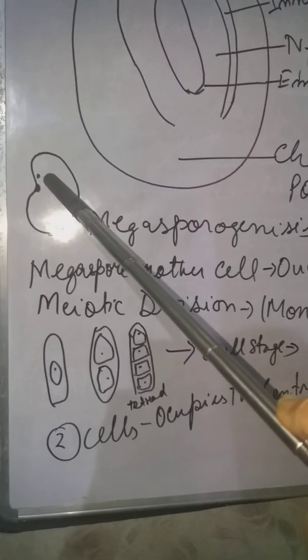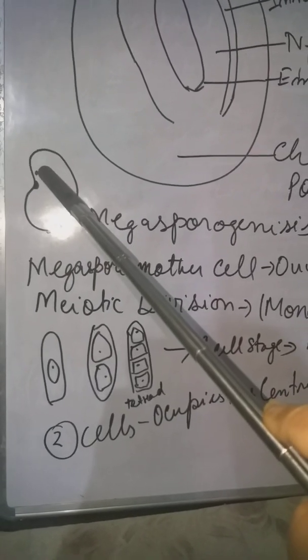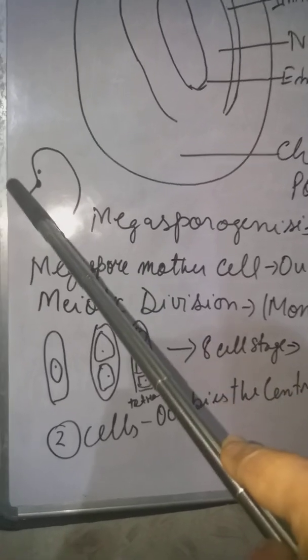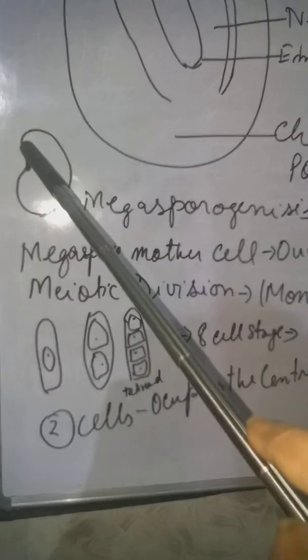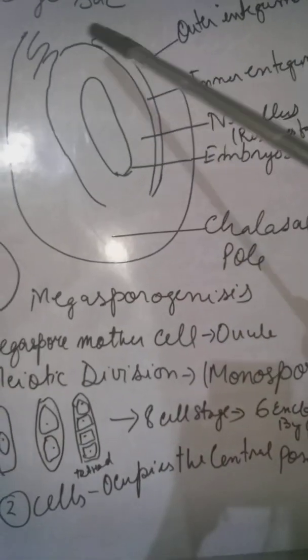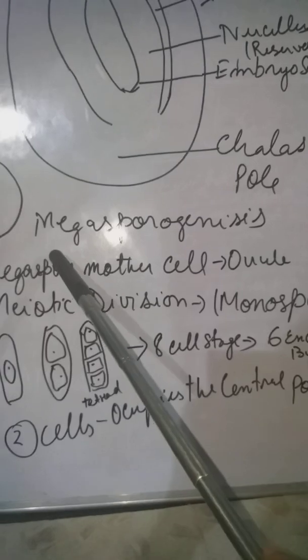So this is the micropylar end, the area through which air enters. This structure we will deal with in the fertilization section. So this entire structure is known as the megasporangium.